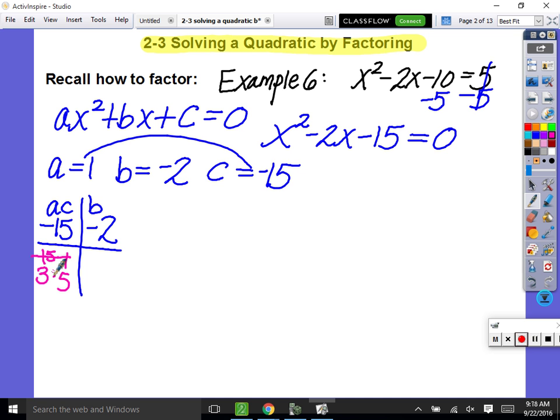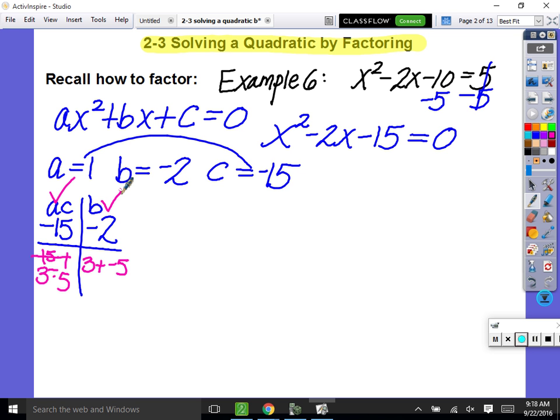So we have 3, and then this negative 5 would make it negative 2. 3 plus negative 5. Does everybody understand why I chose to put the negative with the 5? We would be wrong if we put it with the 3. But you've got to check it in both cases. Is positive 3 times negative 5 negative 15? Yes. If it wasn't negative 15, those wouldn't be our factors. All right, and then 3 plus negative 5 is negative 2.